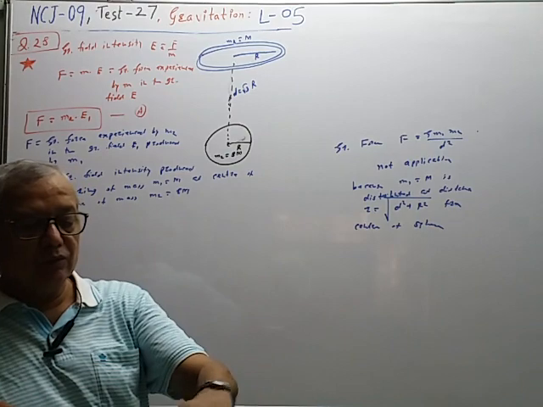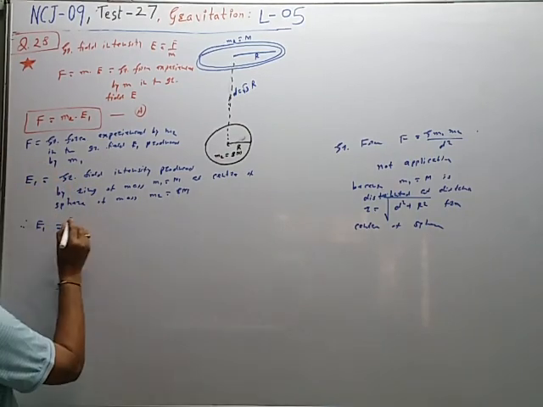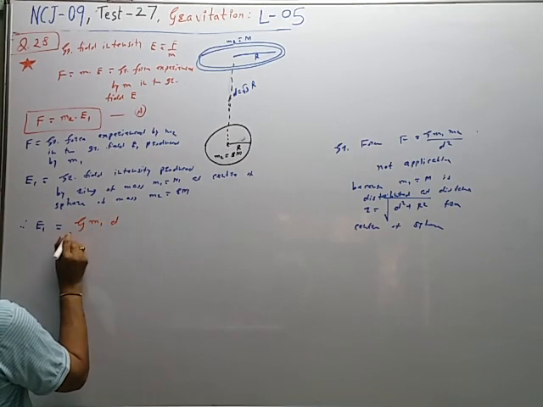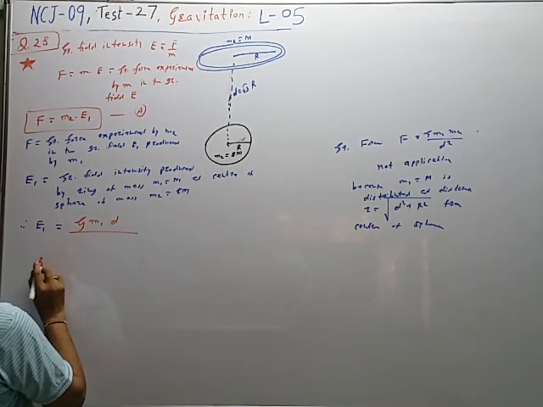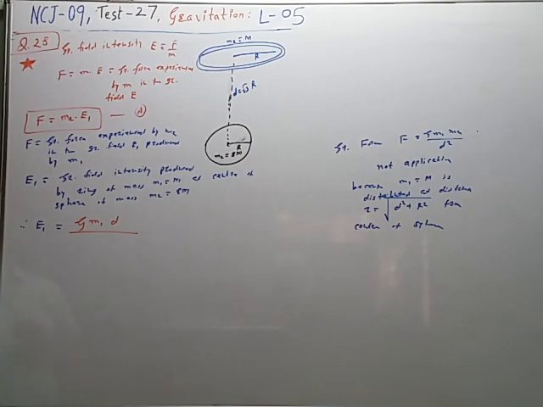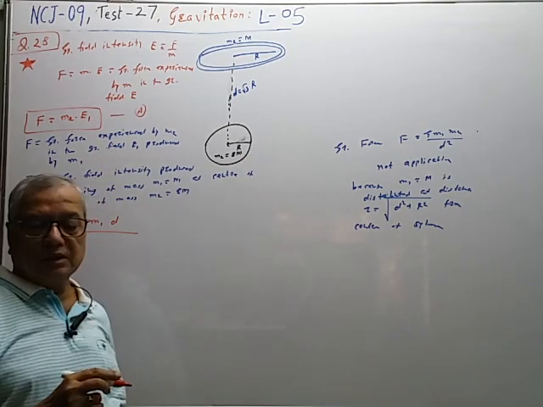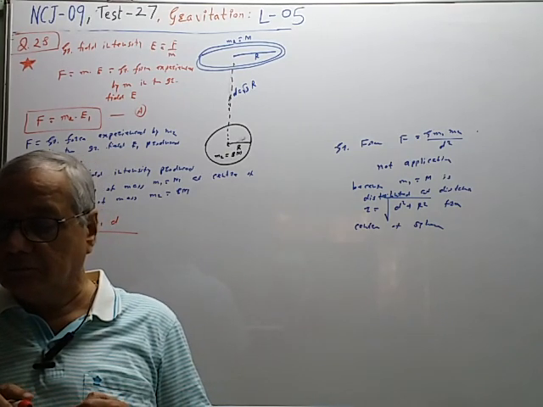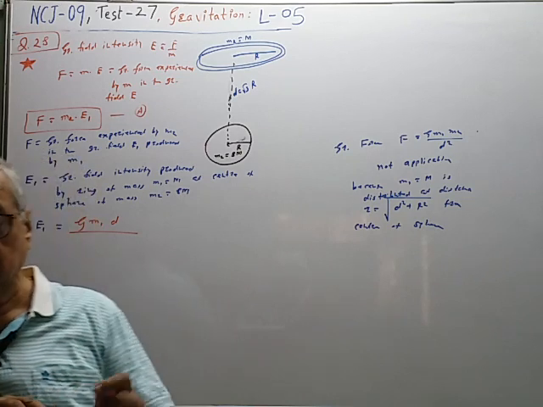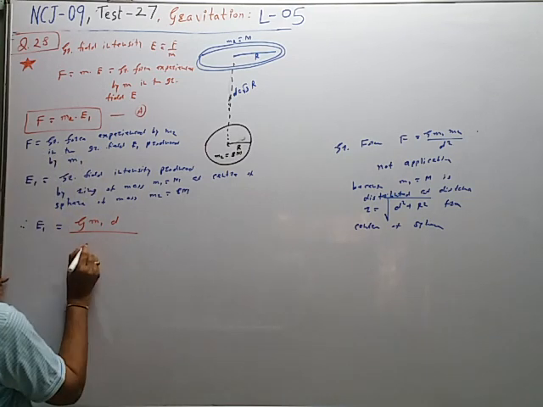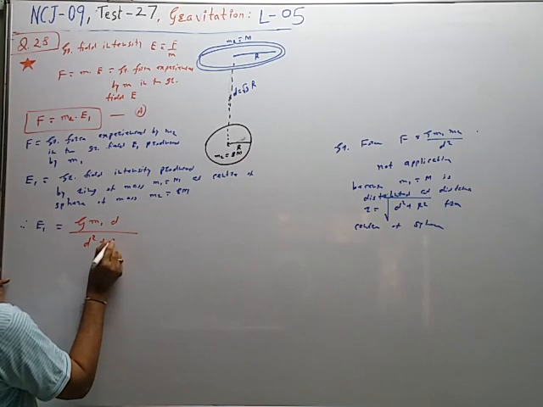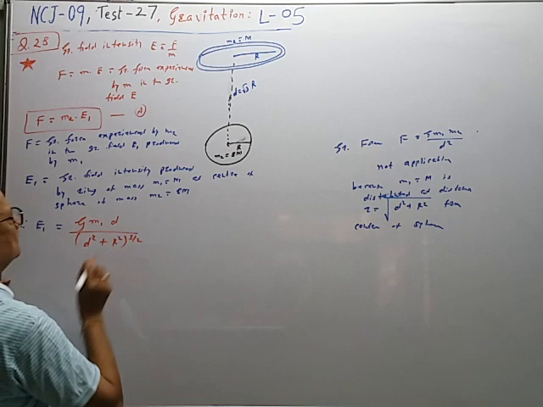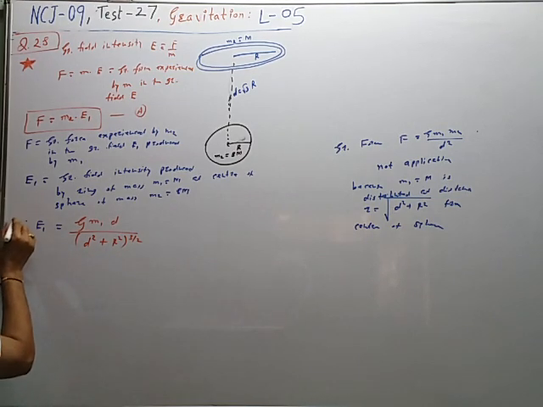So E1 is equal to G M1 D upon, this distance between them is D square plus R square bracket raised to 3 by 2. So we will prove this relation afterwards.